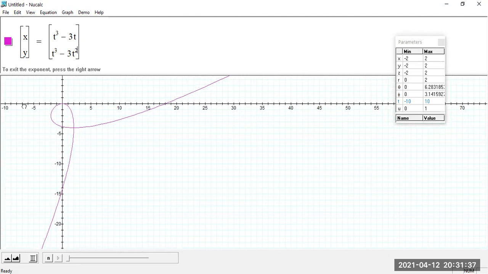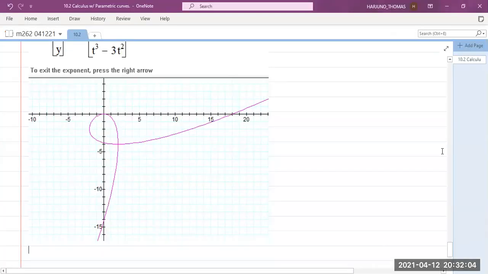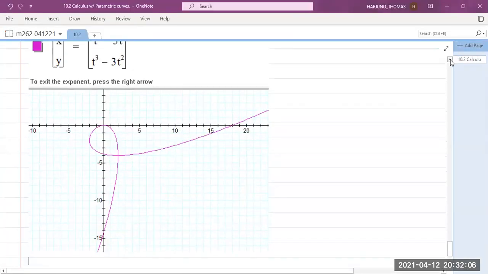Okay, let's put details to this. Let me screenshot this. It feels good if your computation matches the graph, you know? And that's what I want to present to you. At least we are right with the y-intercept.